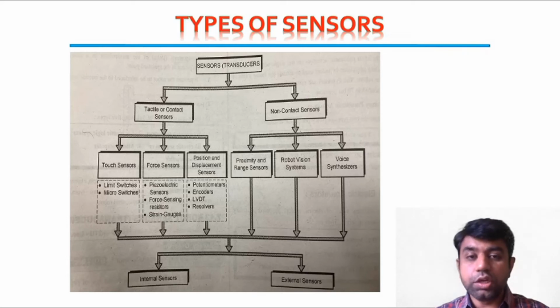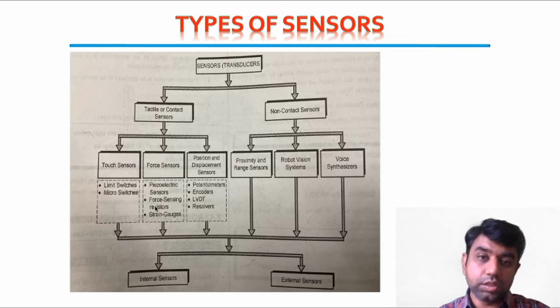Now based on the requirement or the application, we need to identify the sensor which we are going to use, right? For example, up to what extent the arm is required to be displaced, that we need to find, then we can use potentiometers or maybe LVDTs. If we need to check the rotary motion, then we can go for encoders, right? And if sometimes we need to push any object, then we need to use force sensors.